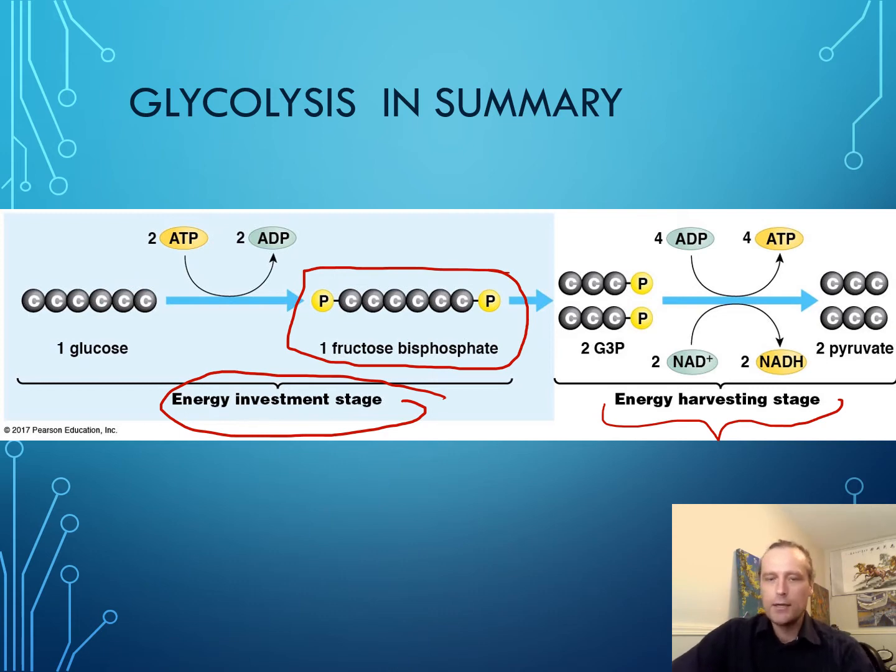After we've split fructose bisphosphate into 2 G3Ps, we then take some energy off of it to make ATP and NADH. Lastly, pyruvate. Pyruvate will go into the mitochondria if oxygen is present because it's still got a few more hydrogens that we can strip off of it using some more NADH and another molecule.